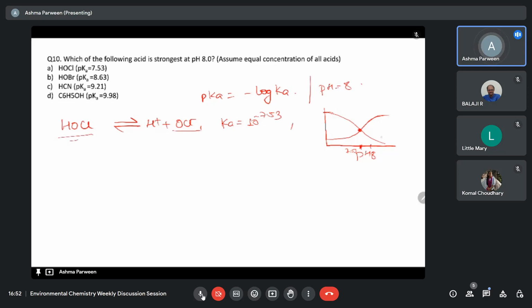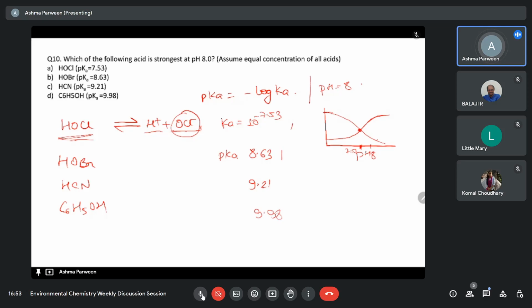So at pH 8, we have H plus and OCl minus, because the maximum concentration will be of OCl minus, since HOCl will already dissociate into H plus and OCl minus. For the other acids, the pKa values are 8.63, 9.21 and 9.98.